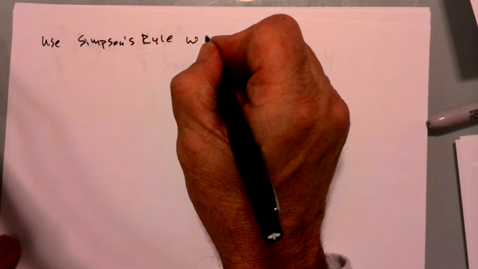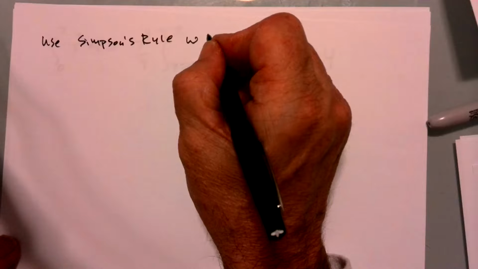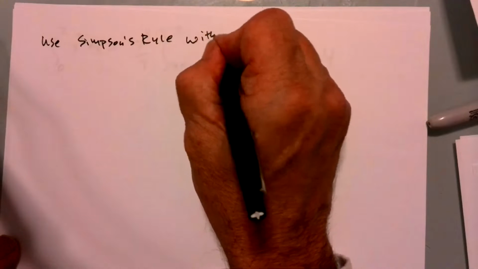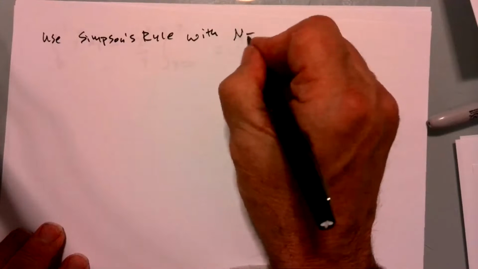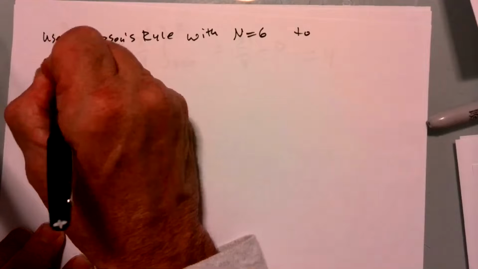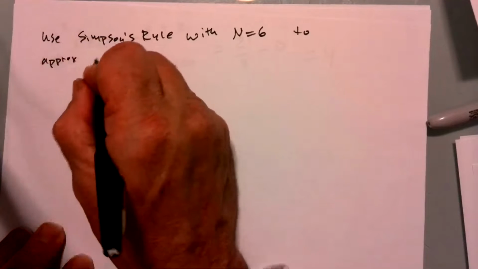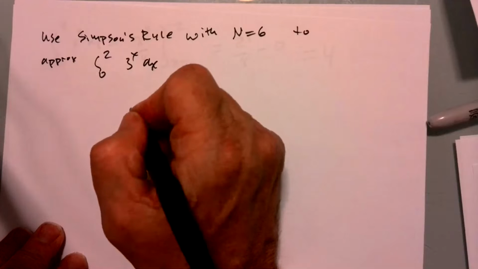You're asking me what is delta x? In my computation, delta x is the width. It's b minus a over n. So I guess I could write that down for you. Use Simpson's rule with n equals 6 to approximate the integral from 0 to 2 of 3 to the x dx.